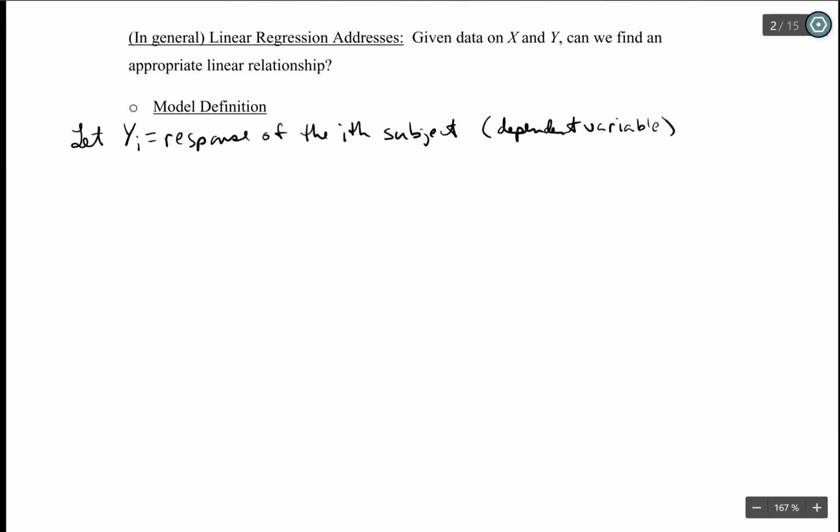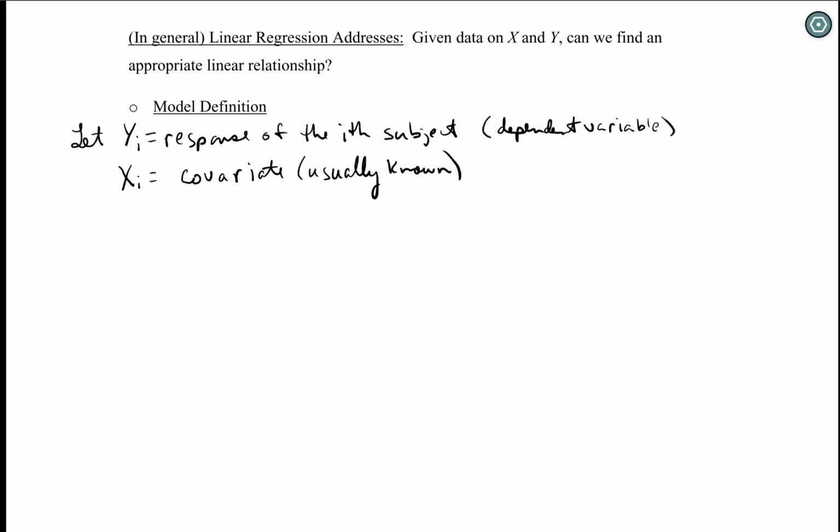And X sub I here is often called a covariate, and it's usually known. In a modeling or data situation, it's something that you would be able to identify and hopefully use your model to try to guess at what the corresponding response is. So it's called a covariate of the ith subject.